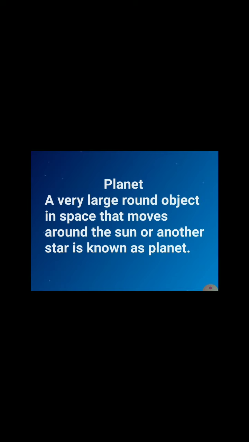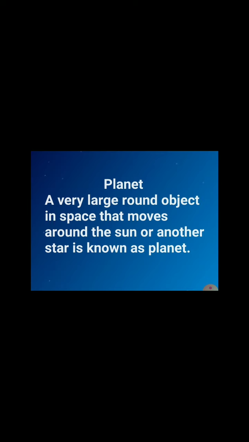At night we see many stars, lakhs, millions, trillions of stars. The same type of star that we have here are also those which we see on the night sky.